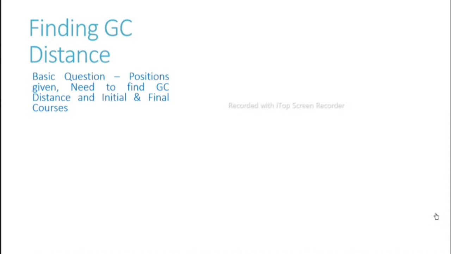So the information given to us is the initial and final positions, their coordinates, that is latitude and longitude, and the items we are required to find out are number 1, the great circle distance, and number 2, the initial and final courses. So let us see now how we obtain these required items using the principles of spherical trigonometry.